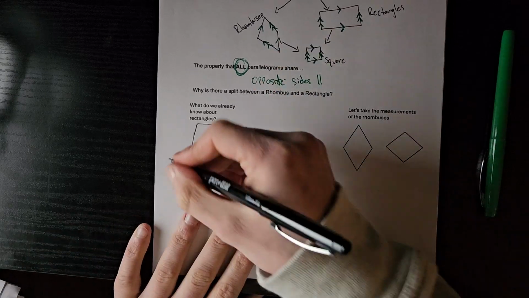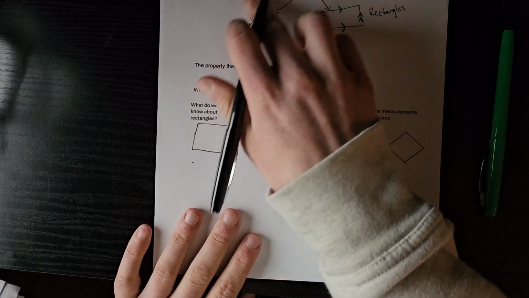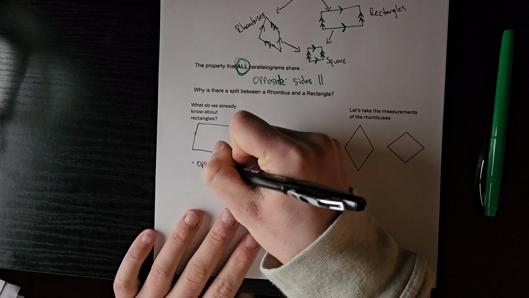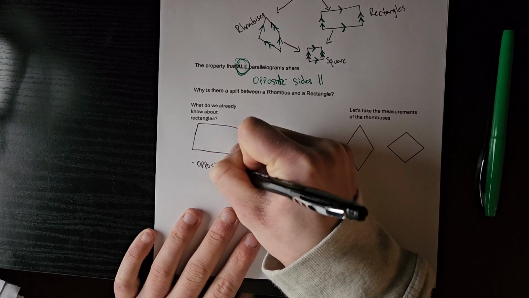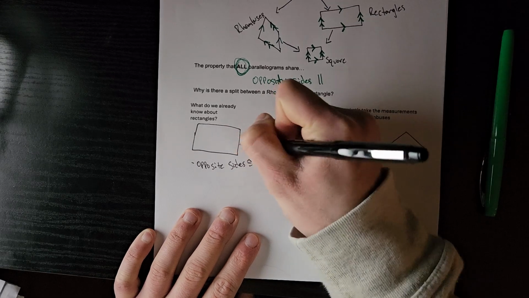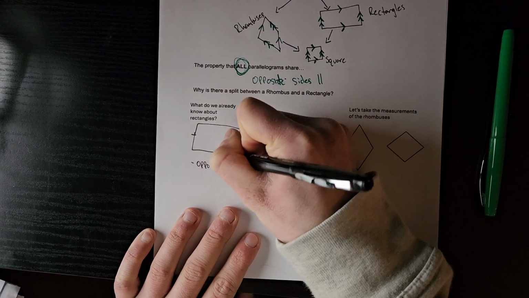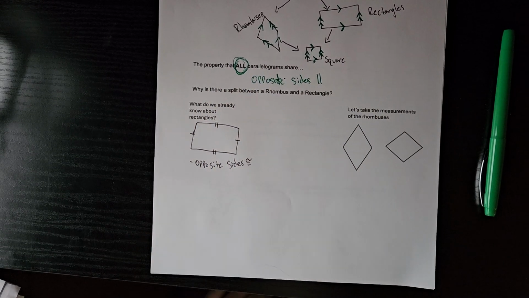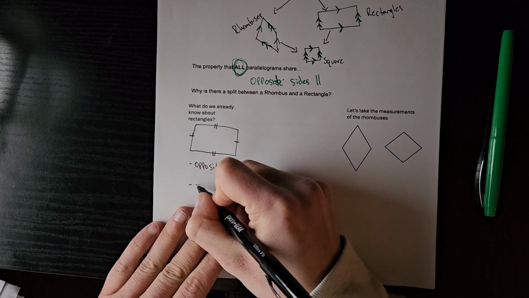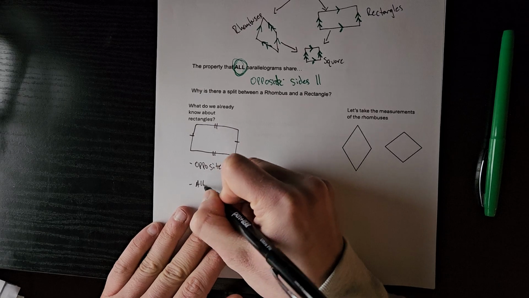One of those properties being, one, opposite sides parallel. Second, we have opposite sides congruent with each other, just like opposite sides parallel with each other. Cool. Another thing we noticed is that all angles were 90 degrees.